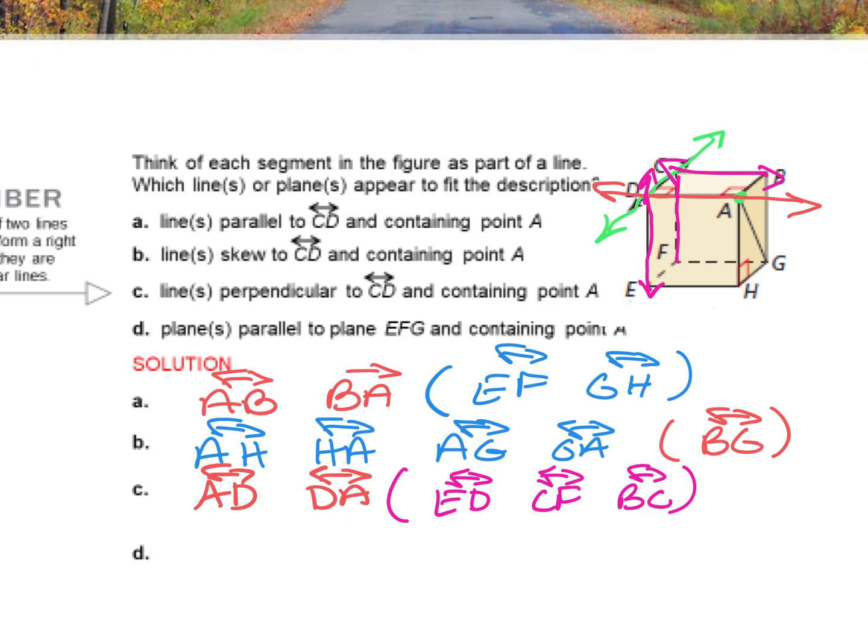And then the last one, a plane ABCD, let's see, a plane parallel to EFG. So let me go ahead and erase this now. I don't need any of that. So let me outline EFG. So EFG is here. And the plane that would be parallel to that would be the top, and any combination of those four letters.